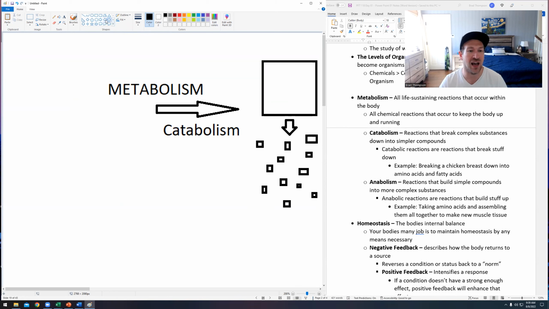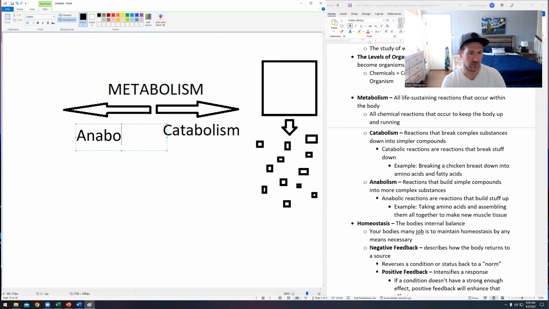And then we've got anabolism, which is exactly the opposite, right? That's going this way. So anabolism, or anabolism, depending on how you're pronouncing it, goes in this direction.